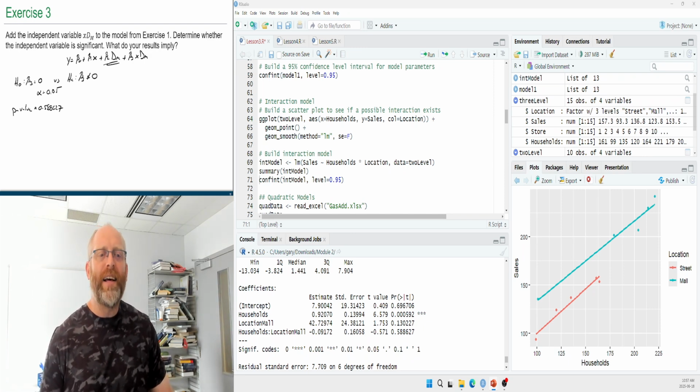Under the assumption that the null hypothesis is true, that the true population parameter for beta 3, that change in slope based upon an interaction, is in fact 0, if I were to run this experiment or collect the data, how often should I find that I'm going to get a slope of this type of difference? I should see this almost 60% of the time, 58.8627% of the time. That's really high.